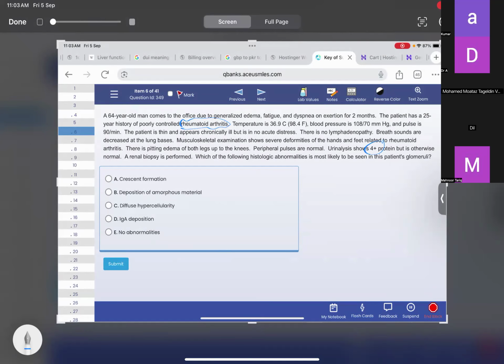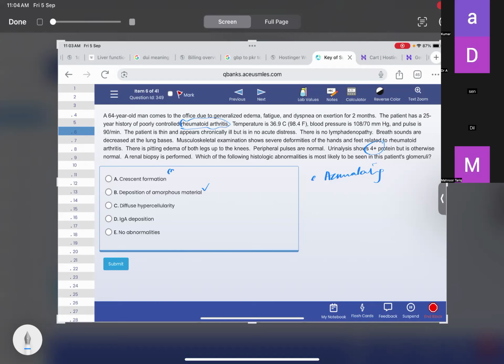So it is accumulating in the kidney, right? Yes, sir. What will we see? Renal biopsy is performed. B. Amorphous material. So amyloid is an amorphous protein.